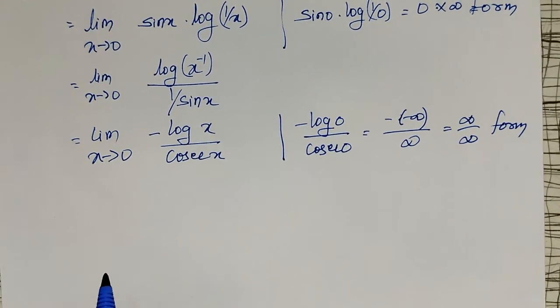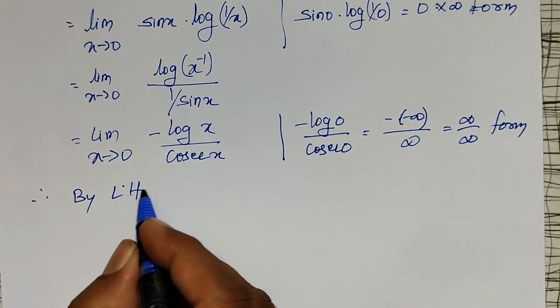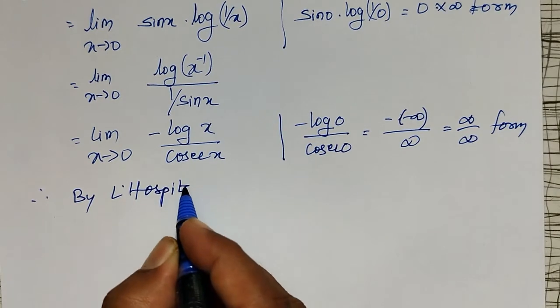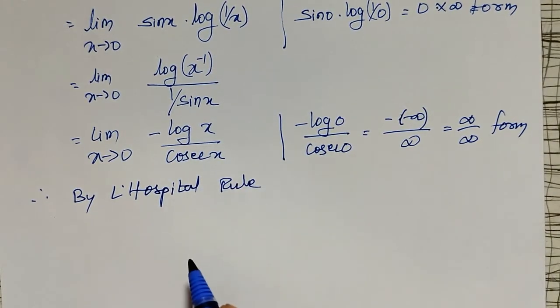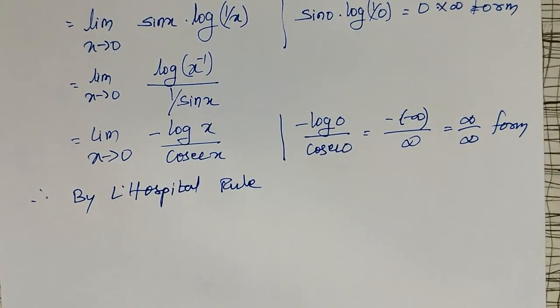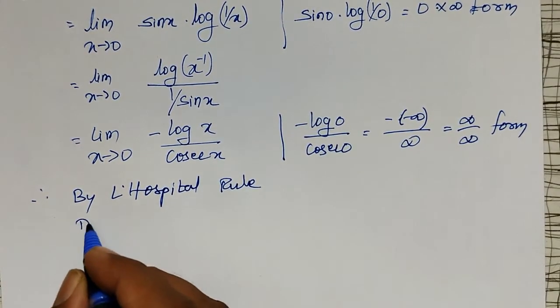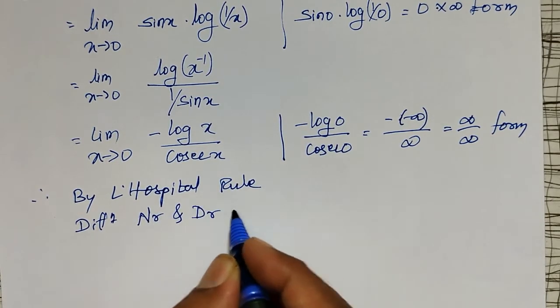L'Hospital rule says the limiting value will remain the same after differentiating numerator and denominator separately.